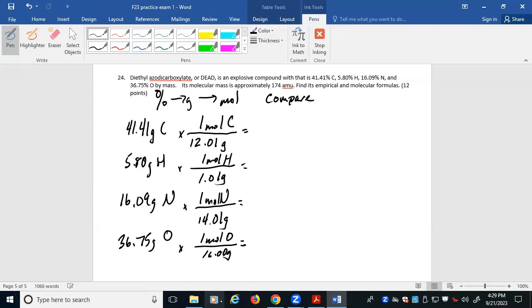Now, I'm doing it this way mainly because this is how I usually do it. I usually go and do one set of calculations all the way through, and then the next set of calculations all the way through. You could easily go through each one of these in turn. So if it makes more sense for you to take the grams, do the conversion, punch the numbers into the calculator and get your number of moles, go ahead and do that.